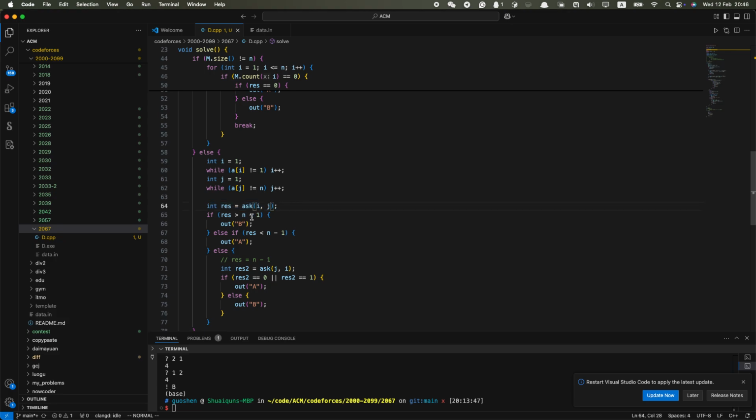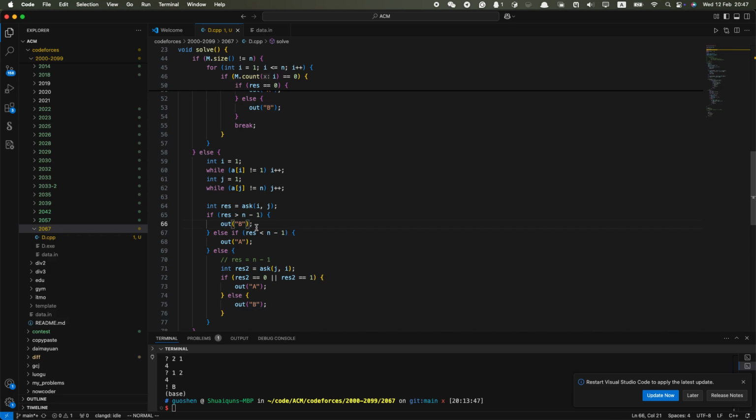If the response is bigger than n minus 1, the answer must be object B. That is because if the answer is object A, the response is never greater than n minus 1, right?